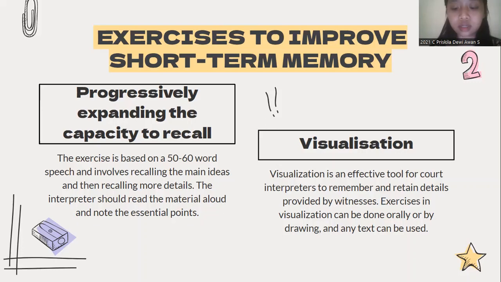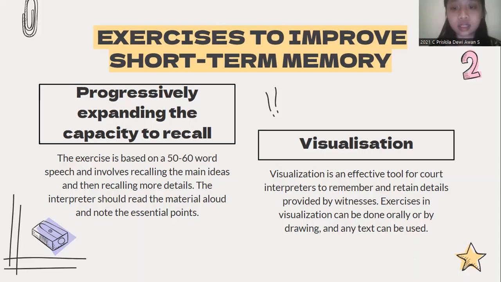The interpreter should read the material aloud and note the essential points. After hearing the material again, the interpreter should be able to elaborate on the important points. The goal is to accurately recall every element of a speech of 50 words after hearing it just once, using any descriptive or narrative text.